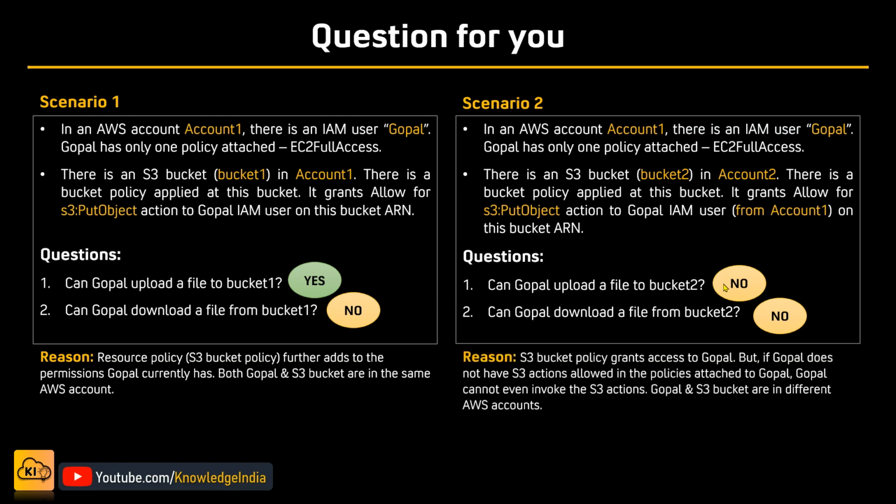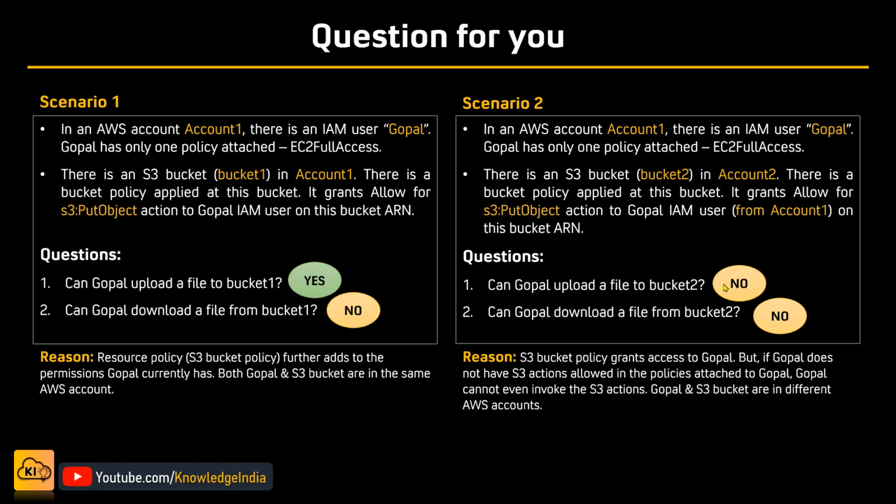Whereas on the right hand side, in scenario 2, yes, the S3 bucket policy is granting access to Gopal, but it is in a different AWS account, right? So Gopal is in account 1. If Gopal has to initiate S3 put object within account 1 itself, that action will be restricted if Gopal doesn't have such policies attached.